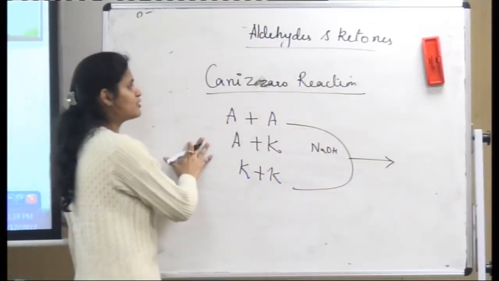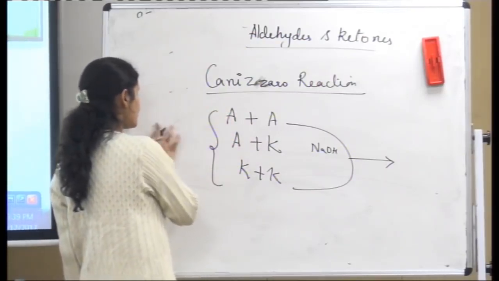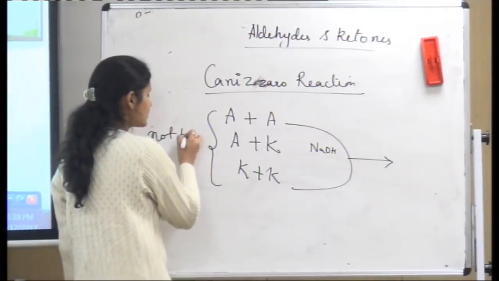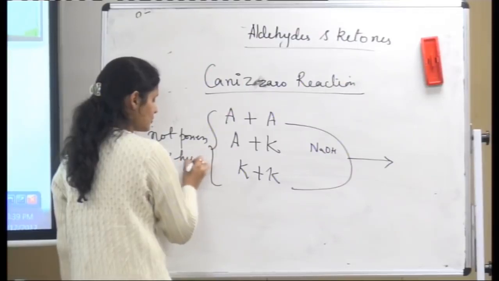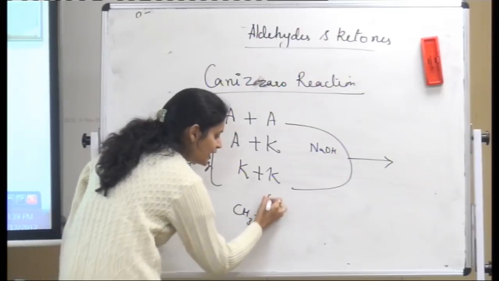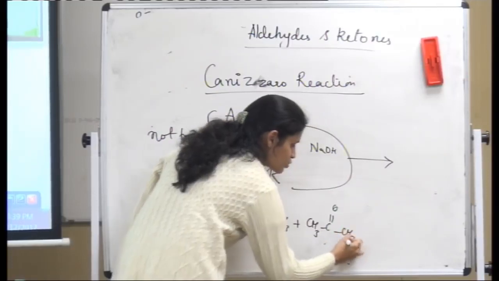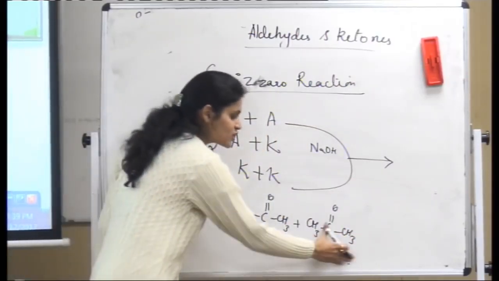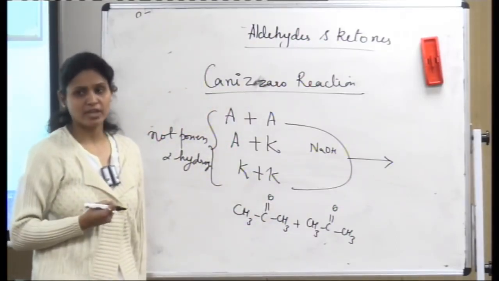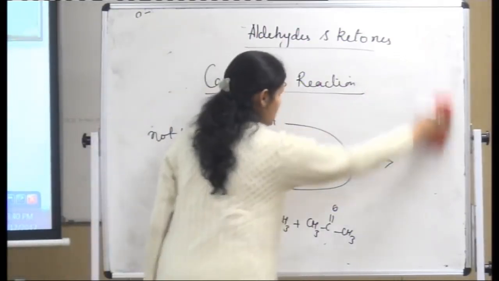But the condition for the Cannizzaro reaction is that the aldehyde and ketone should not possess alpha hydrogen, right? Suppose I am taking both the molecules as the same ketone, right? In this case, I am saying that the reaction taking place is known as the Cannizzaro reaction, right? But this is not an example for Cannizzaro reaction because this carbon has alpha hydrogen. So I should drop this.